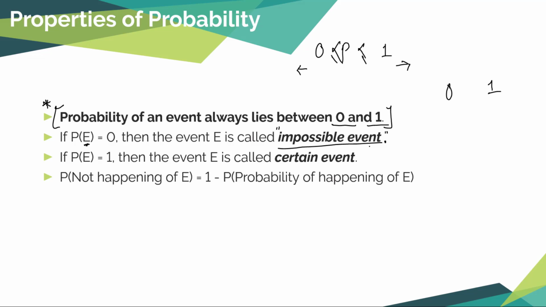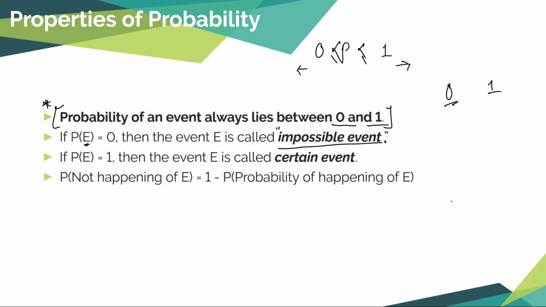But if there are data which suggest that it is occurring somewhere, that means it is beyond your study, right? Let's ignore that. In simple words, if you find probability equal to 0, that event will be called an impossible event. If probability is exactly equal to 1, then the event will be called a certain event.